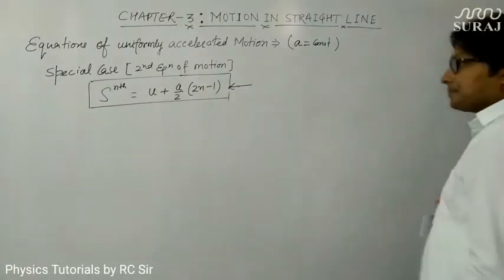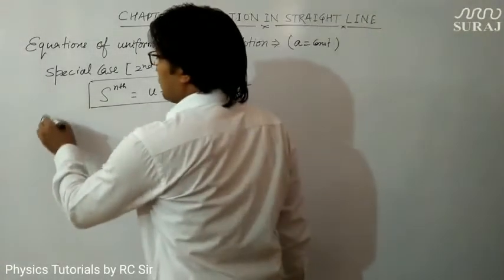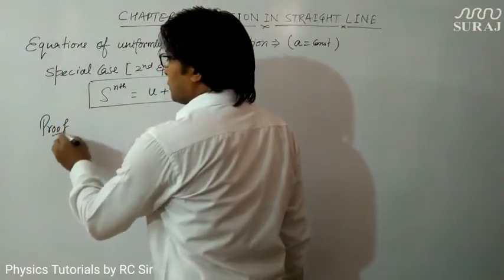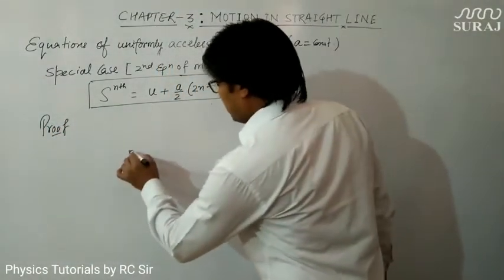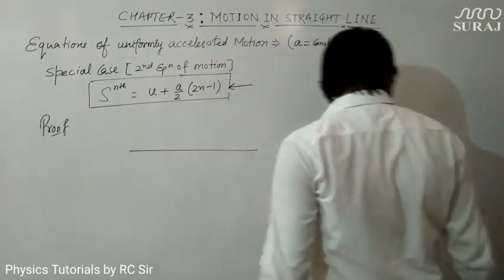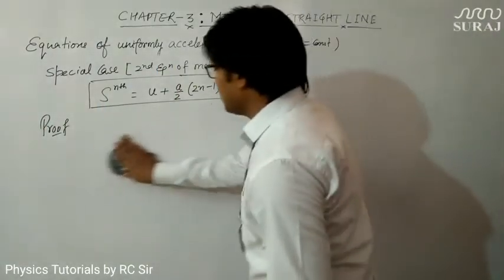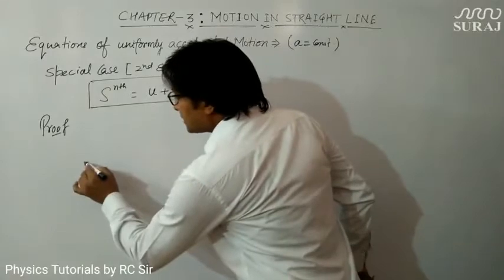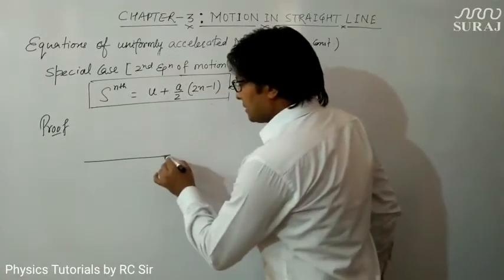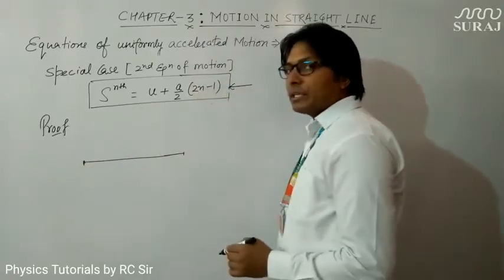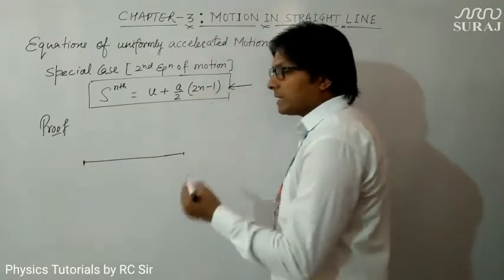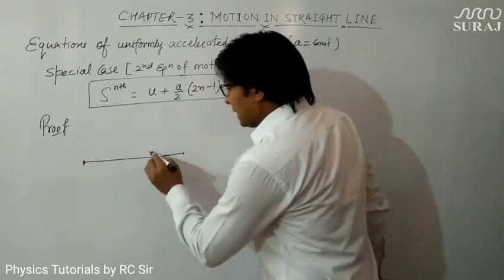So we want to prove this formula. To prove it, consider that this is the distance covered by the object which is moving with initial velocity u and acceleration a in n seconds.